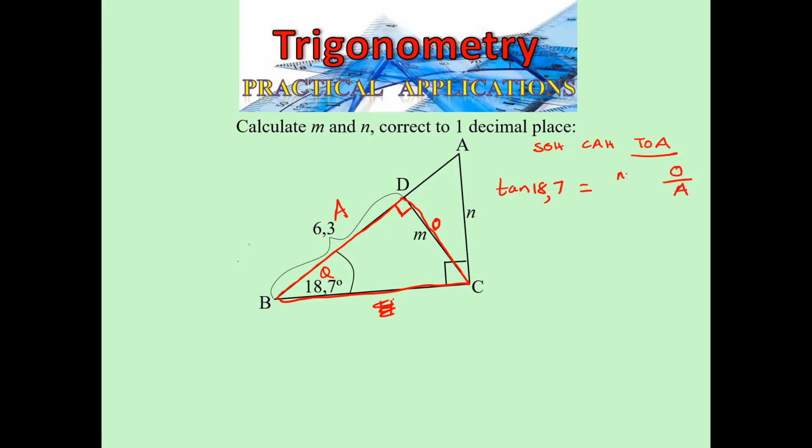Looking at the diagram, opposite is M, and your adjacent is 6.3. I'm going to put that over 1. And now we're going to do a cross multiplication. M times 1 is M. And tan 18.7 times 6.3 would be 6.3 times tan 18.7.